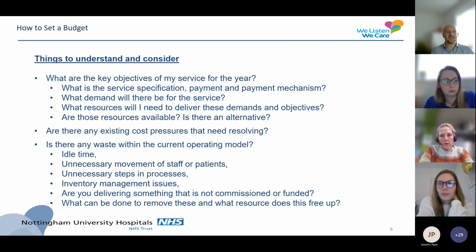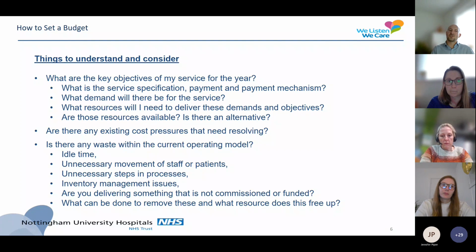Those sorts of things will need consideration when setting budgets and approaching planning more broadly, because if your services are operating with larger amounts of agency spend as a proportion, then you need to work with your HR colleagues to work out how you can do something differently to avoid agency spend, whether that's through recruitment, retention, incentive payments for bank and overtime, that sort of thing, because that will be more closely monitored this financial year.